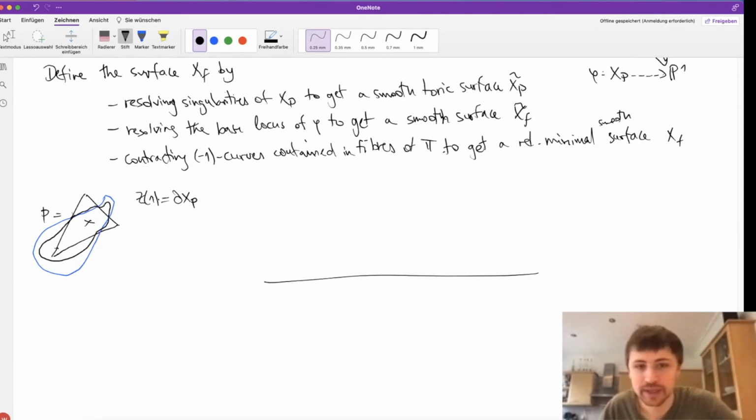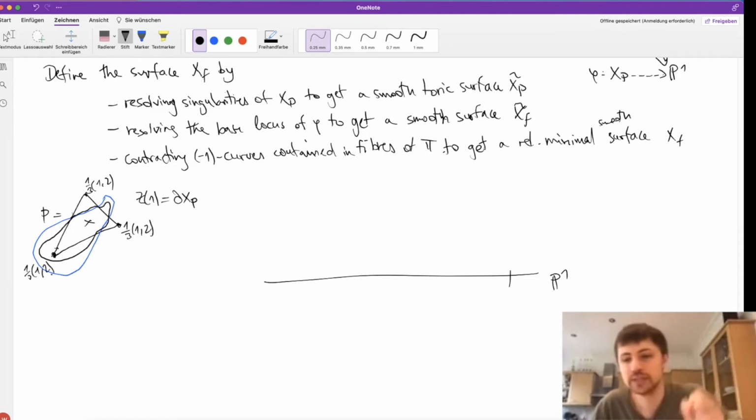So for this polygon here, it's a fibration over P1. And also remember that in the first step, we had to resolve the singularities here. If you do the calculation, you see that these are all 1/3(1,2) singularities, which means it's a quotient of C2 by third roots of unity acting with weights 1 and 2.